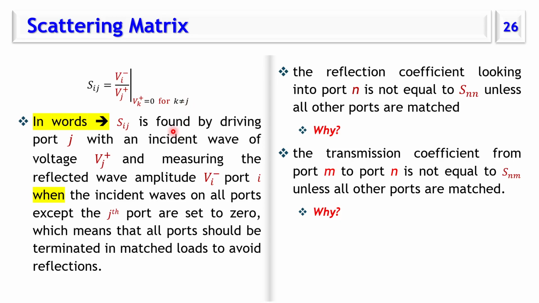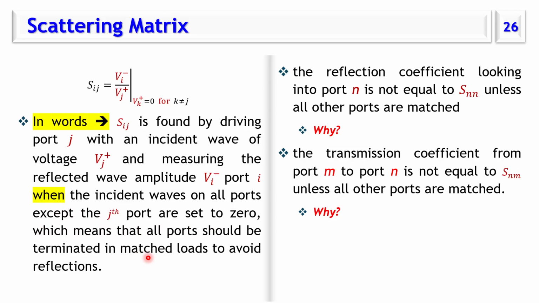So in words, Sij can be found by driving port j with an incident wave Vj plus and measuring the reflected wave at port i when the incident waves on all other ports except port j equal 0. And this happens when all the other ports except j are matched.